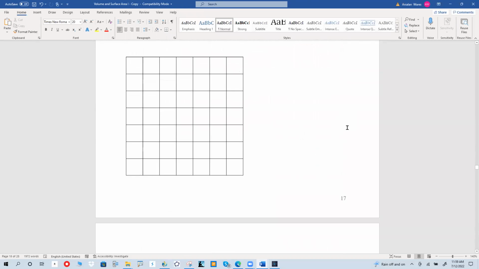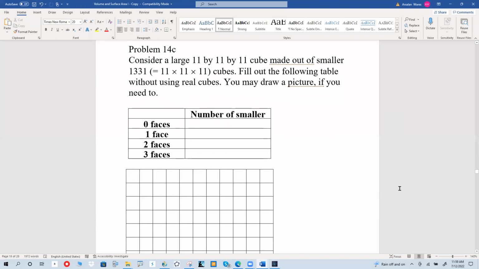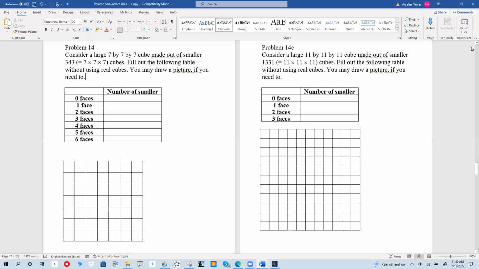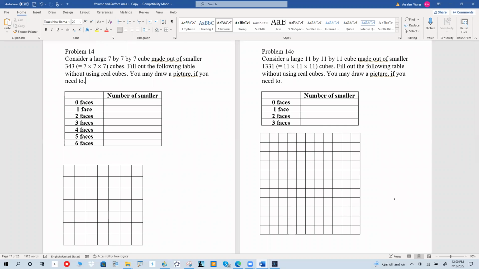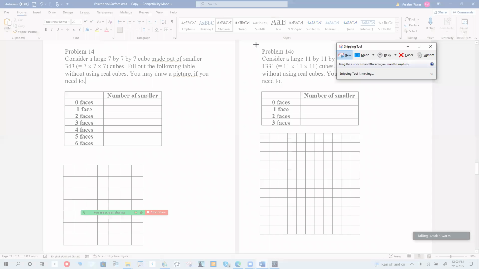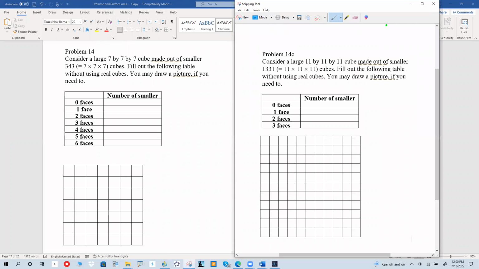Okay, let's take this question to the next page. I'm not going to give you the grid for this one. I am explaining it with the help of the grid.